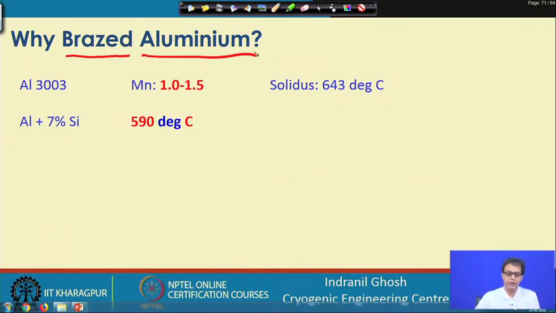First of all, aluminium is a material with good thermal conductivity and light weight. This kind of exchanger is widely used in automobiles and in aircraft. So the weight to strength ratio of this material is a parameter we always look for, and we will understand that brazing is the only option, particularly for the type of fins we are going to join.